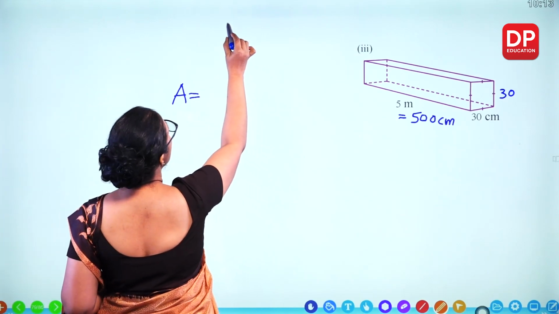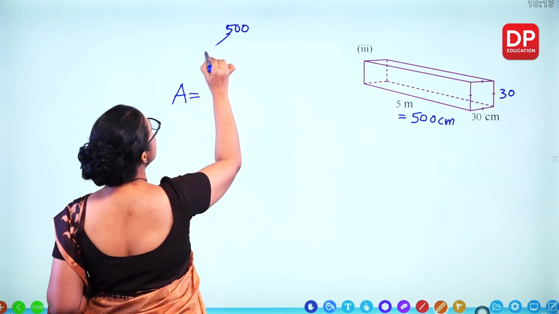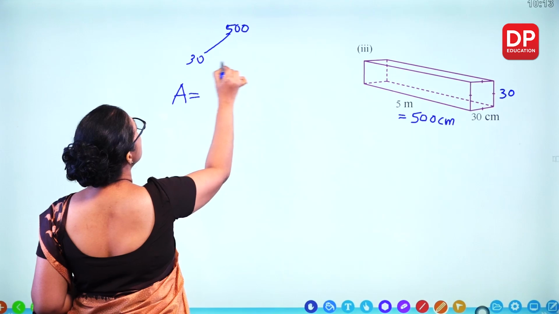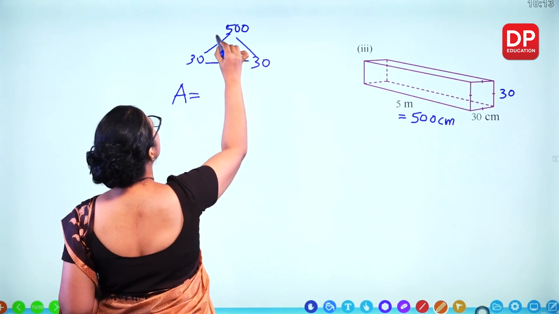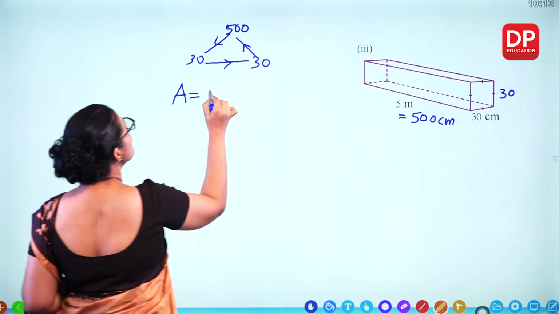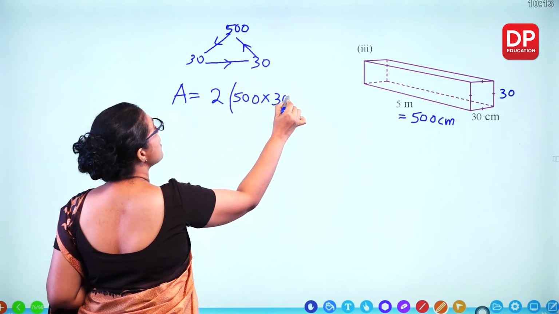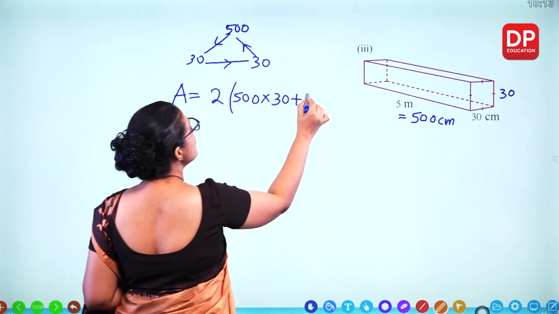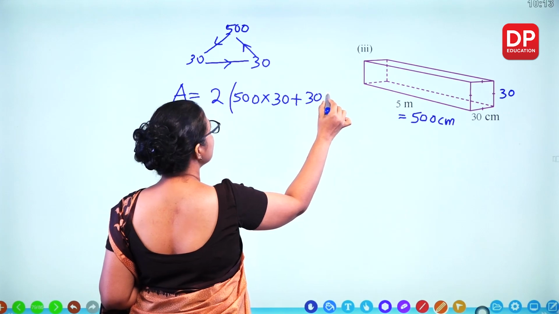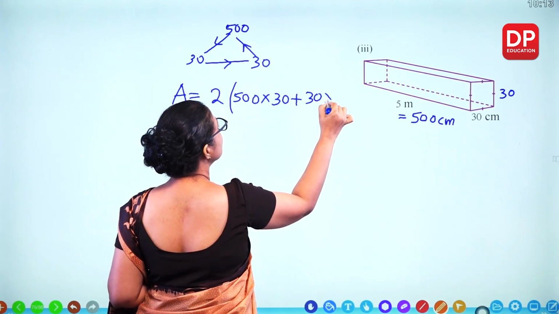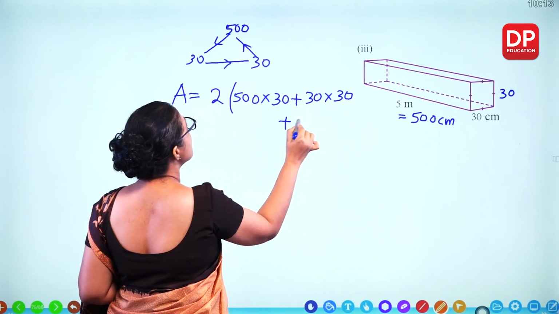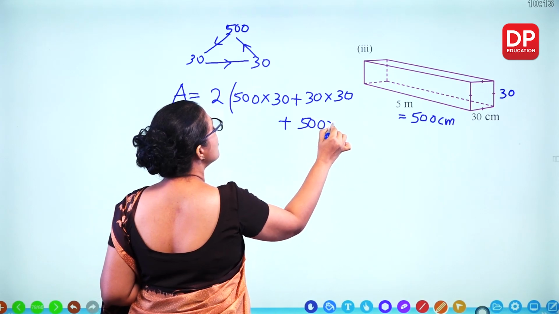You first write down values 500, 30 and 30. So 2 times 500 into 30 plus 30 into 30 plus again 500 into 30.